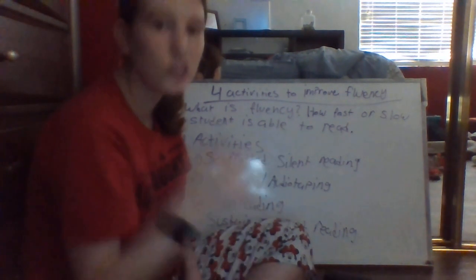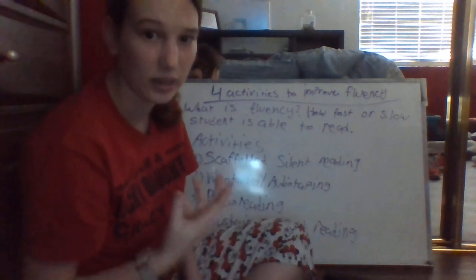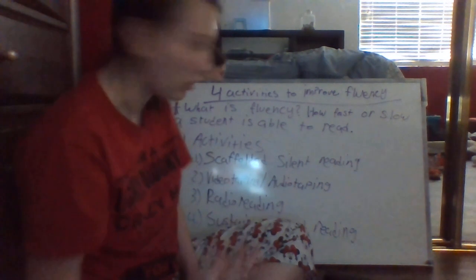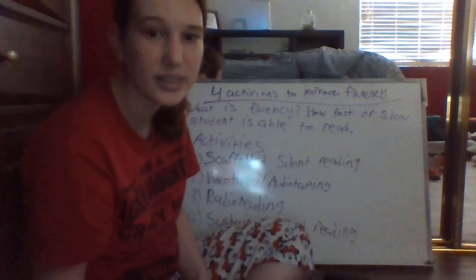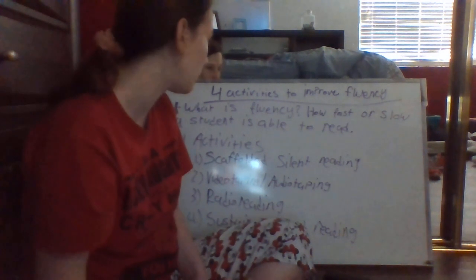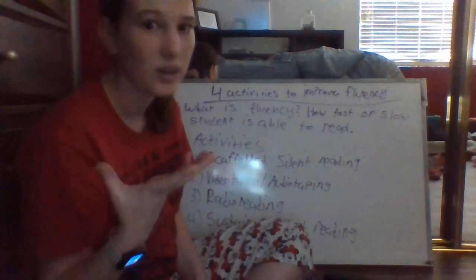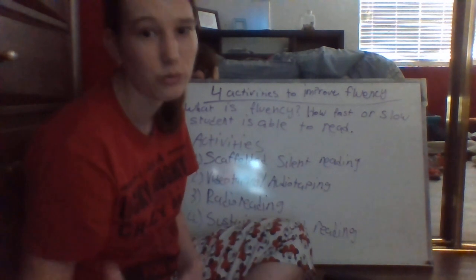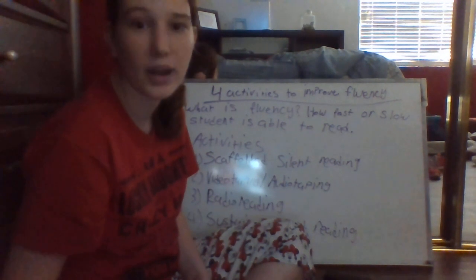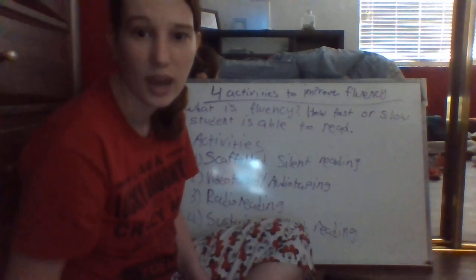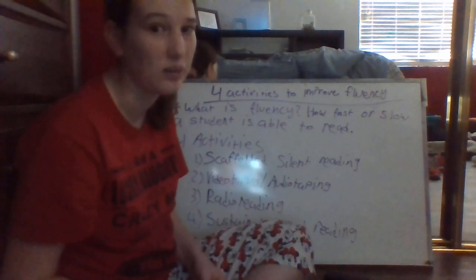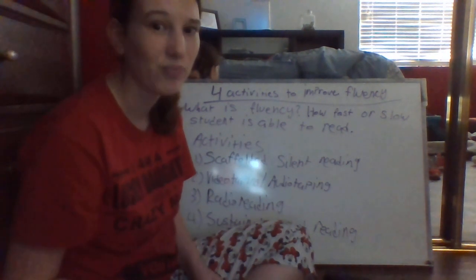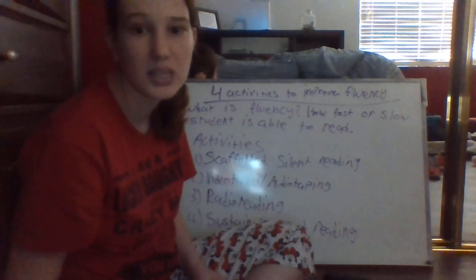So there's all sorts of activities that you can do. Those were just a couple that I wrote down, and then others that I listed that I thought would be helpful. I know it said only 4 activities, but there's a lot more than 4. But those are just some of the few that I know that I feel like would be helpful, and some new ones that I didn't even know existed, but I think are interesting.